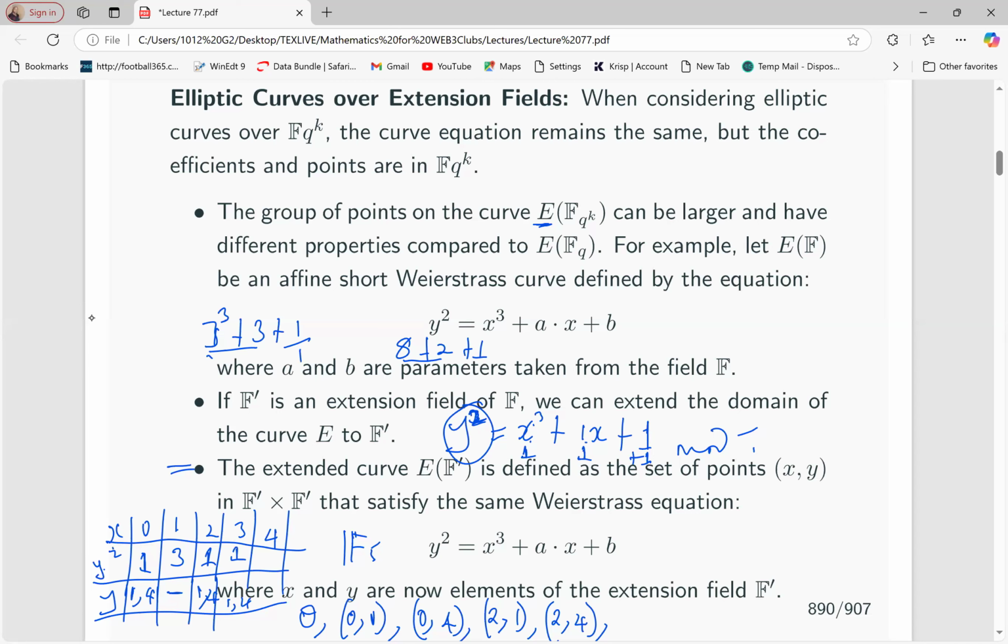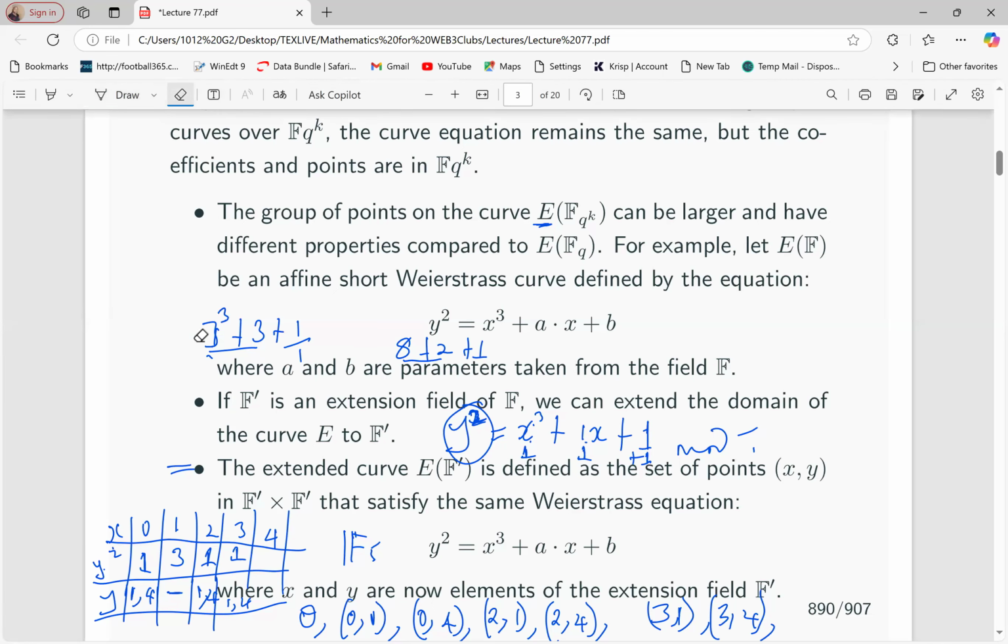This is just a coincidence that this time we are getting the same value of y, but it's not always the case. So we have 7 points now. We try 4, because there are supposed to be 9 points. This curve has 9 points.